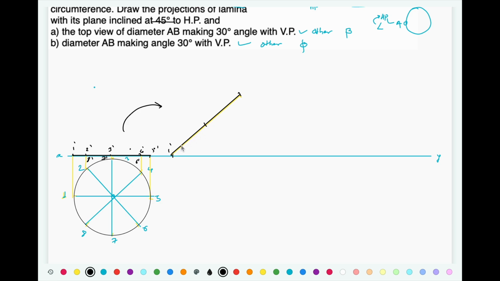Mark the intermediate points as well. So this is 2 dash, 3 dash, 4 dash, 5 dash, 6, 7 and 8 dash, and then project all the points for the top view. Then project points from the first front view as well.